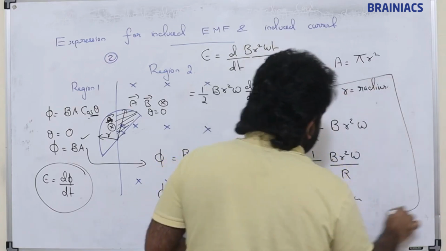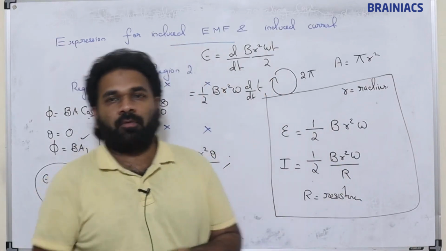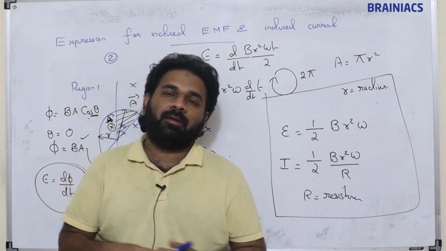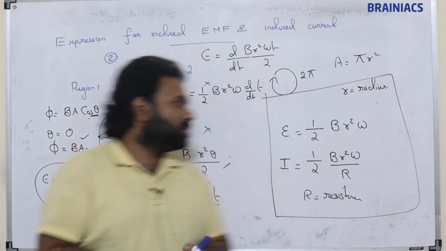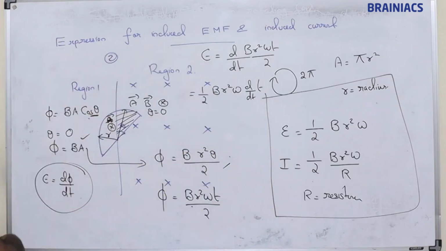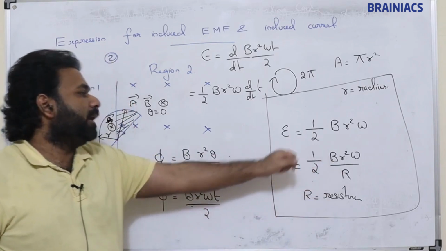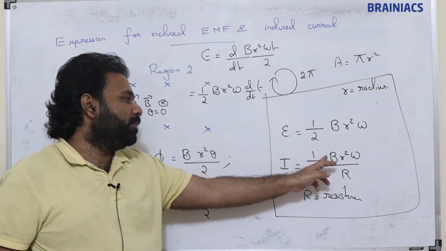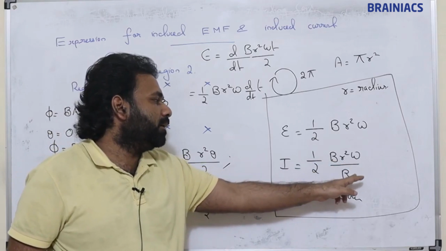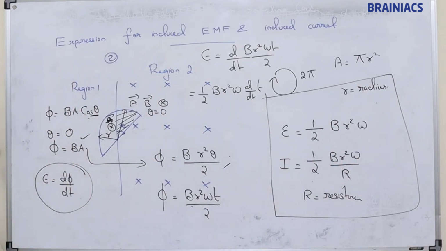This is the formula for a rotating loop inside a magnetic field. If it is rotating like this, this is what we will get. It does not depend on time; it depends on the magnetic field, radius, omega, and resistance. Clear? Fine.